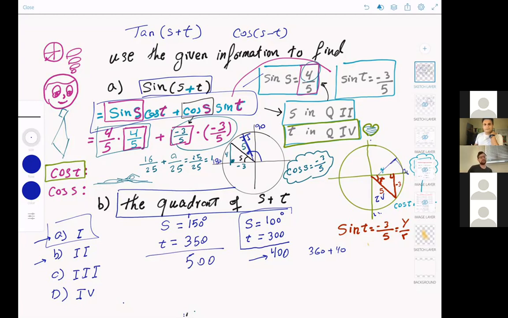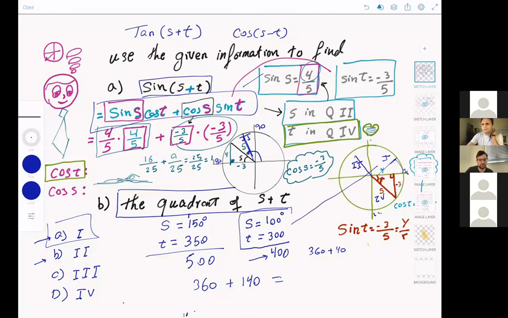Where is 500? It is 360 plus 140. This is going to be in quadrant 2. But the first example was in quadrant 1.